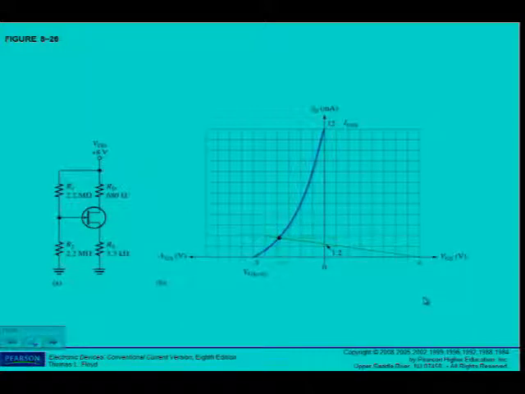Remember again, if I don't give you the transfer characteristic curve, you can draw it. You must have IDSS and VGS off, then you can draw it by calculating values for ID in steps of 1 volt for VGS.